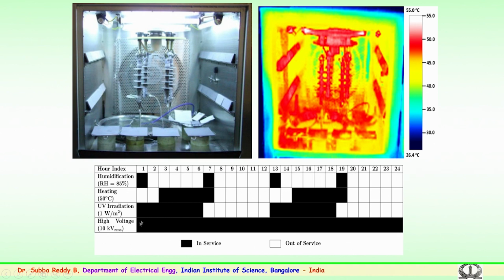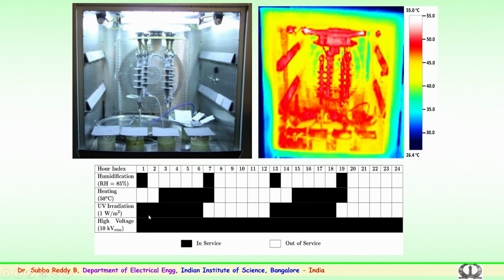So, here we have applied the electrical stress for 24 hours, the entire combination you can see here. For the ultraviolet radiation we have used specially made UV lamps which have an output of 1 watt per meter square.